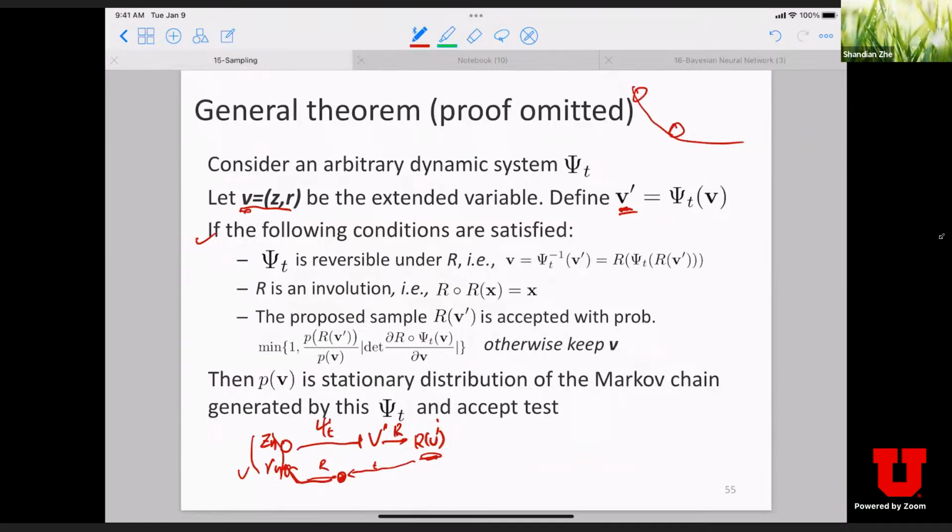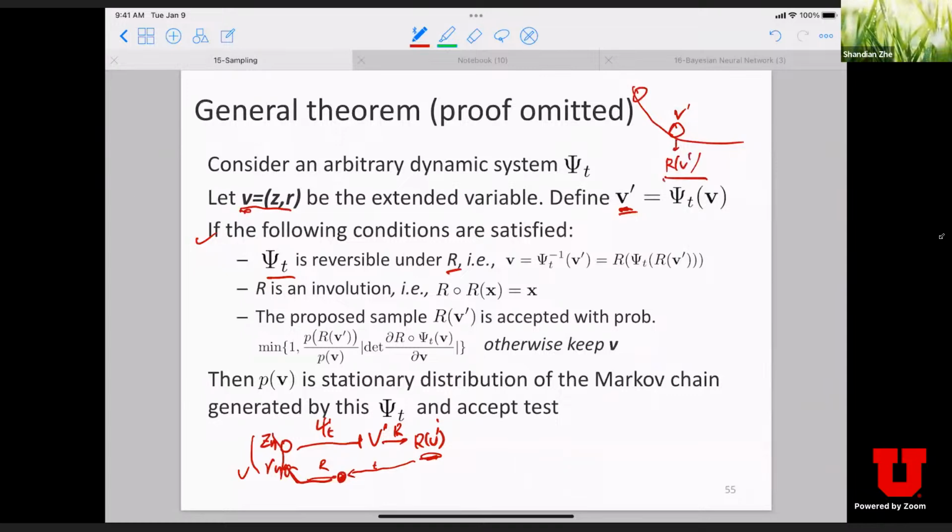First, we have our operation R such that psi t is reversible on R. After I get my state through evolution for a certain amount of time t, I apply R over my state and get my proposal R V prime.